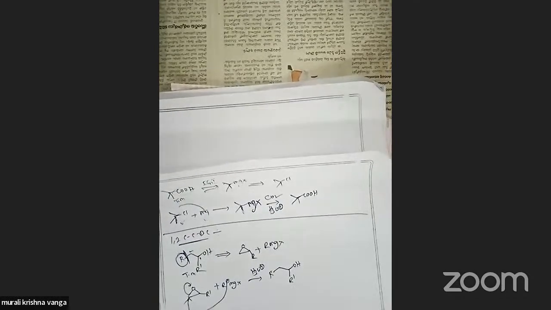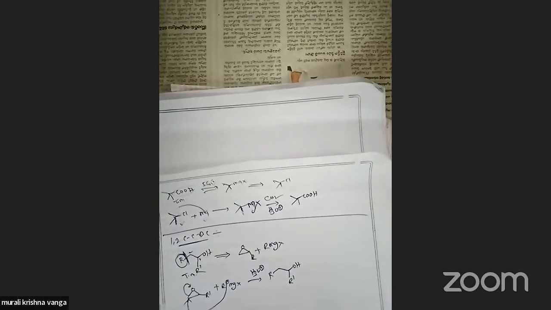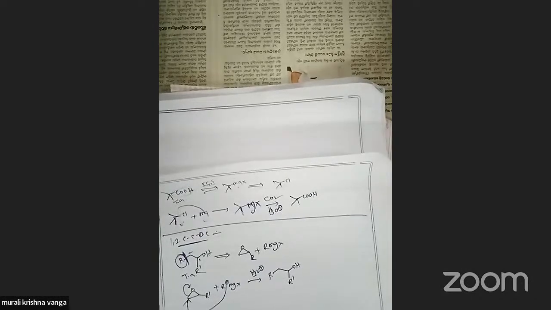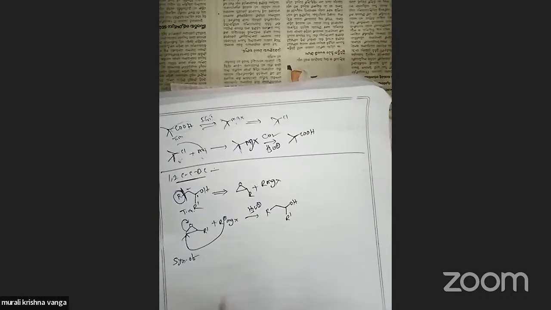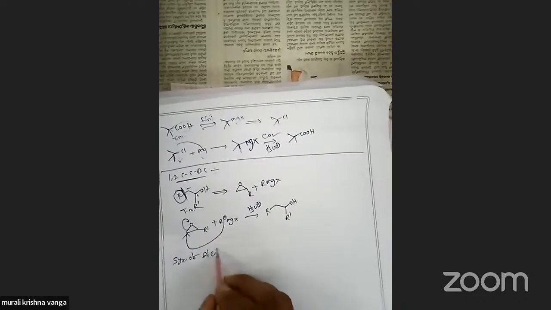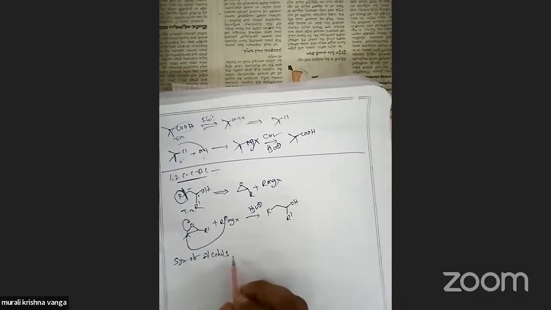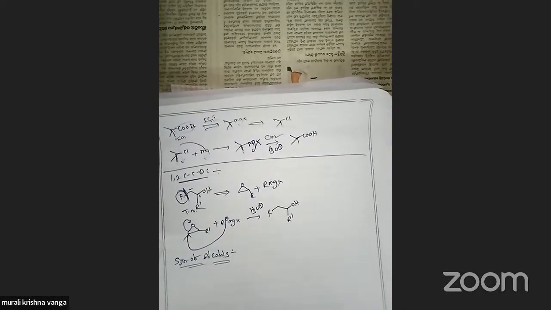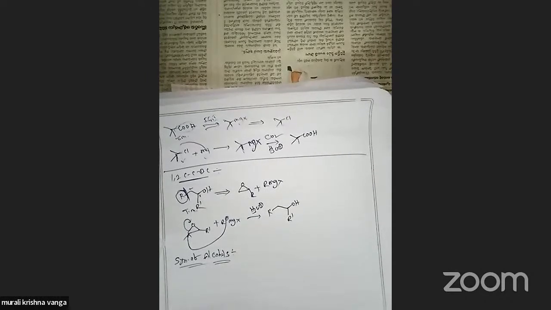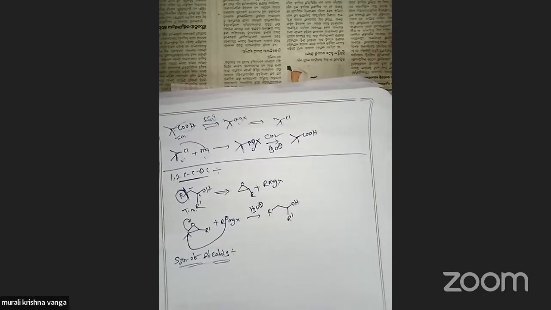Next is the synthesis of alcohols. To prepare an alcohol with an alkyl group attached at the beta position, the epoxide route is the best example.